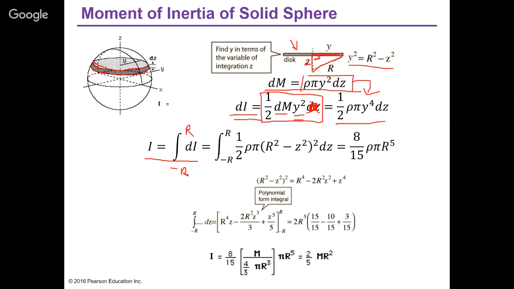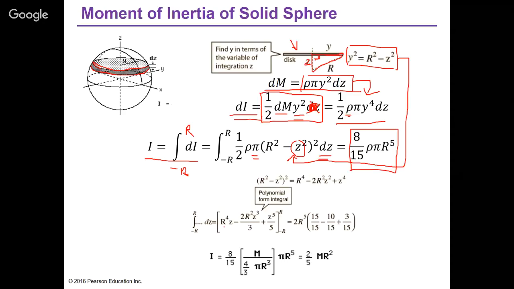That will be half times the density times pi, and here we use this equation, y squared equal to r squared minus z squared, and put it in here, and dz, okay? And now we have basically the z that will be integrated out, and this whole thing is equal to 8 divided by 15 rho pi r to the fifth, okay?